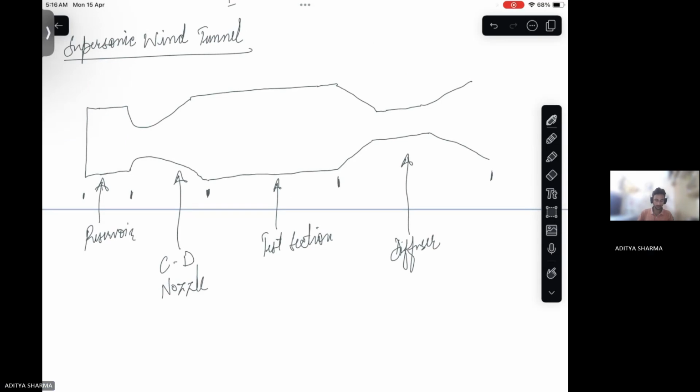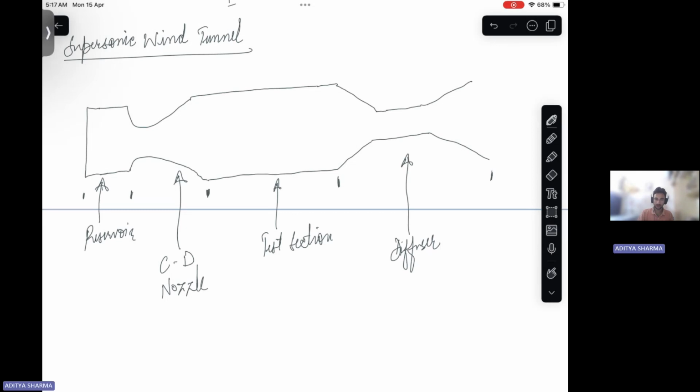Right. So from the reservoir, we take the gas, or air, and this expands in the CD nozzle.